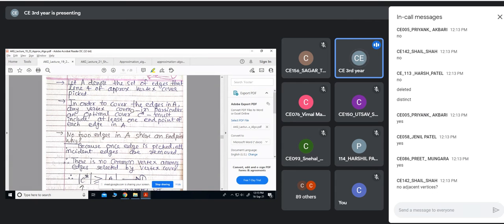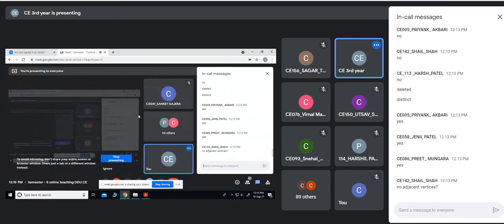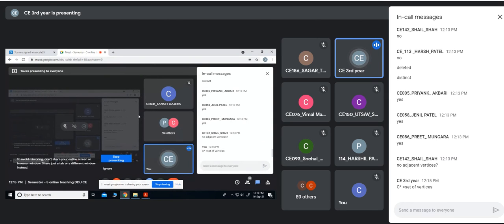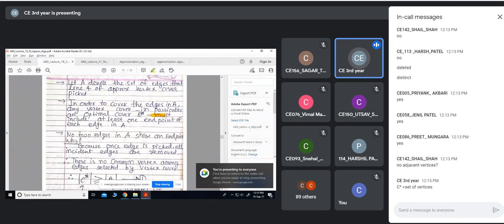C star is the optimal answer, but it should also satisfy everything. Remember this difference: C star is a set of vertices, a minimal set of vertices, the optimal answer. But A is a set of edges.